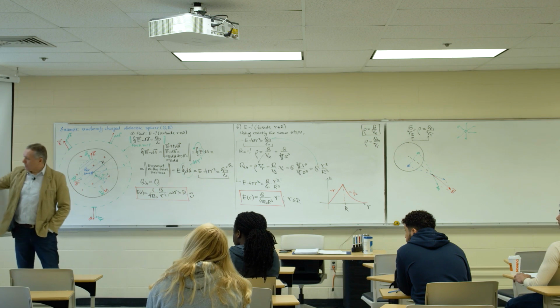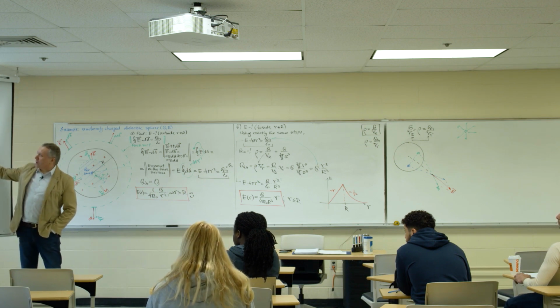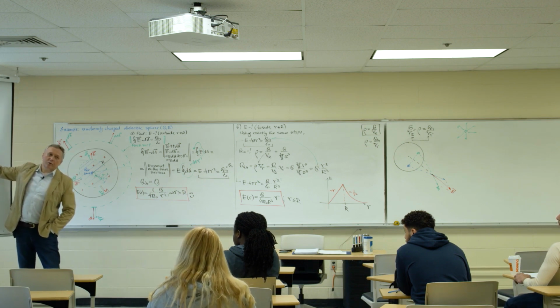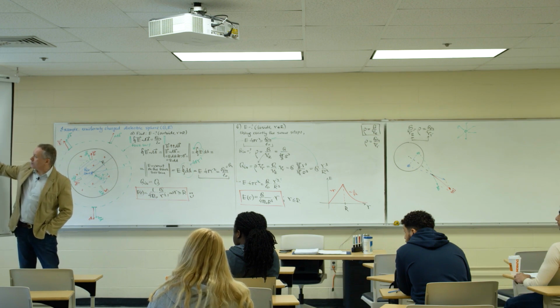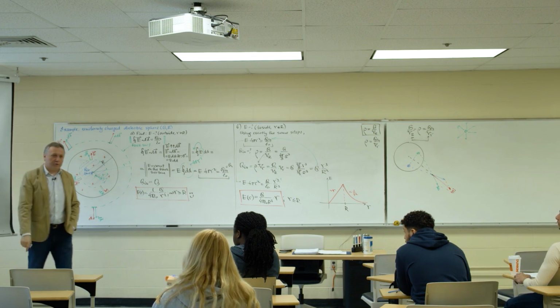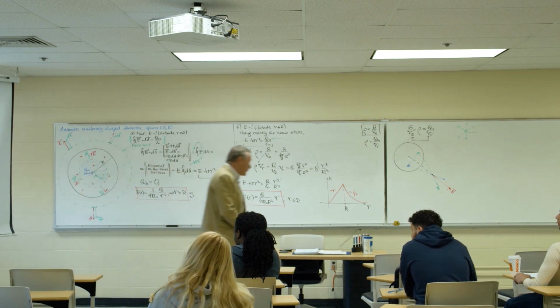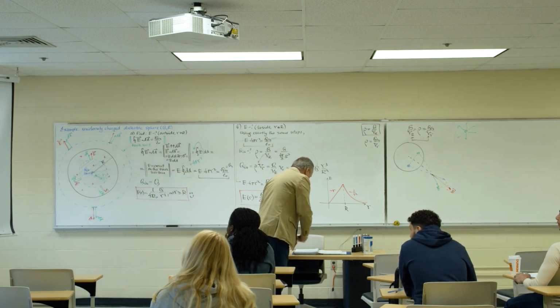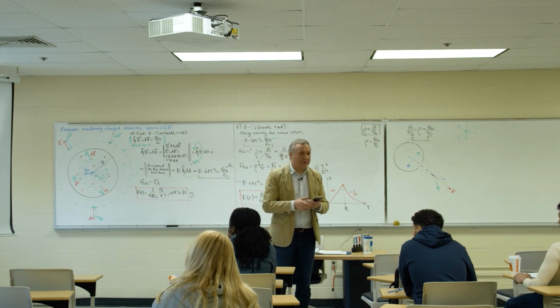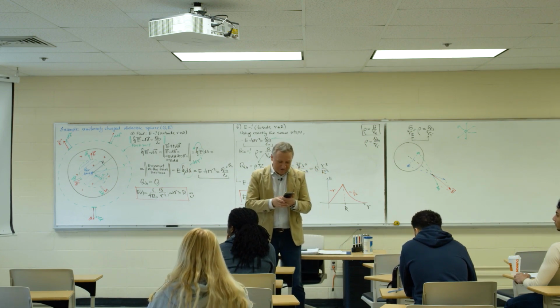We need to answer the question: flux through which surface is larger? Here this surface has radius r, and this surface has radius 2r. You can have a break, and after the break we can discuss that.